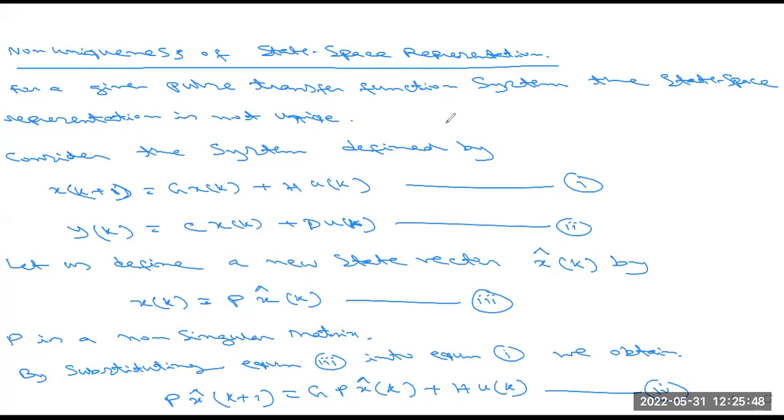Okay. Next, pre-multiplying both sides of the last equation, that is equation 4, by P inverse.